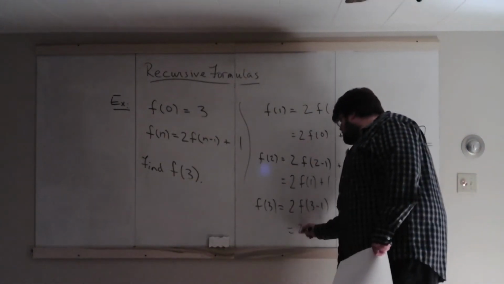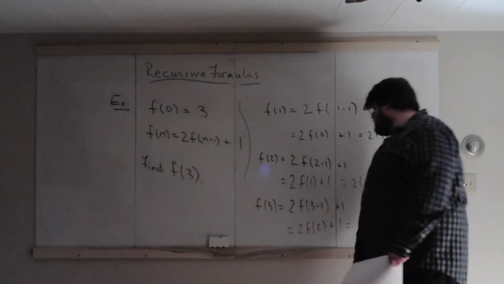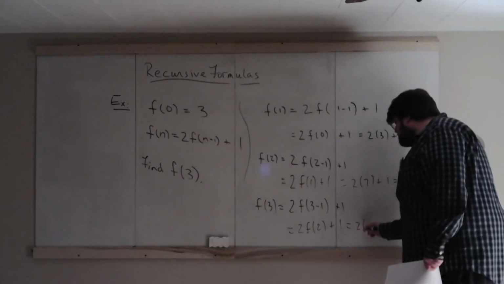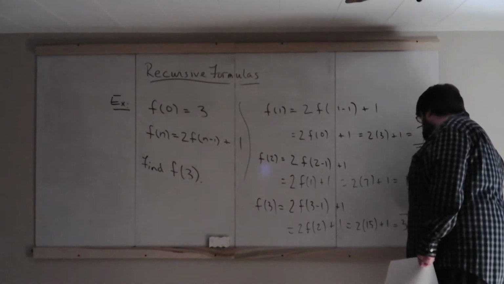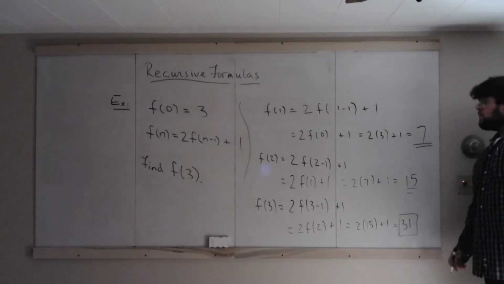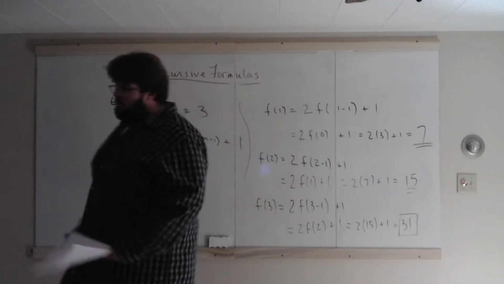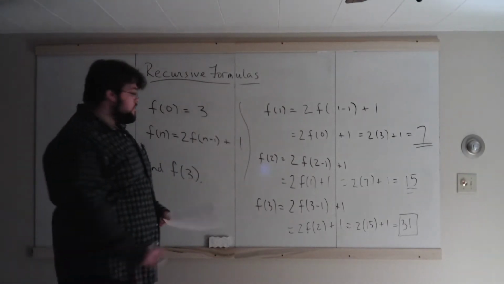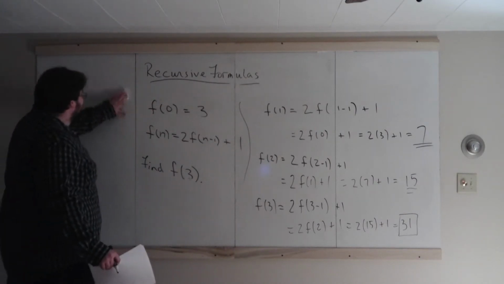So this equals 2f of 2 plus 1. f of 2 we found is 15, so this is 2 times 15 plus 1. 2 times 15 is 30. 30 plus 1 is 31. So we could define functions recursively. Now, you could have been asked here to find f of 100, and then you'd have to go through, what, 100 of those computations. I don't think I would do that to you.